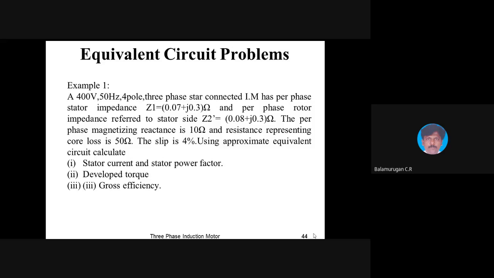So I naught should be either 4.6 minus j23 amps or 23.4 angle minus 79 degree. You check this answer once again.